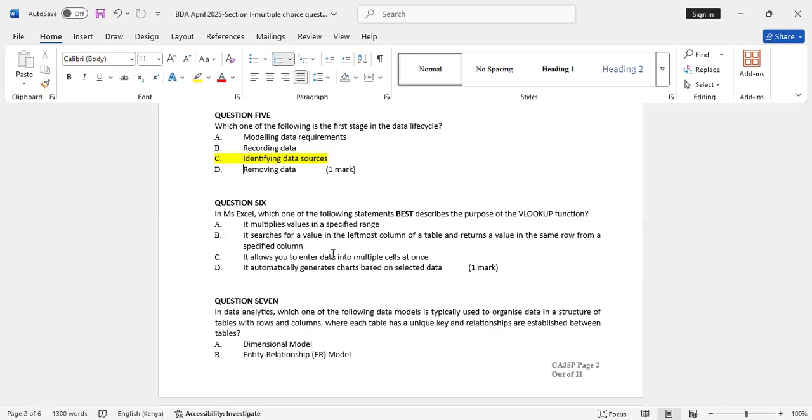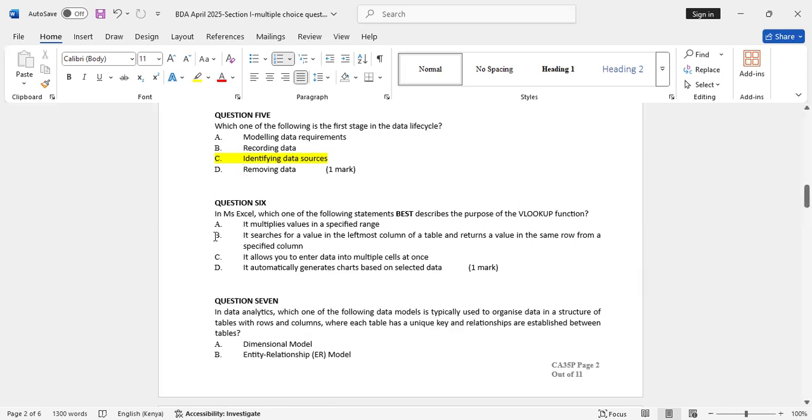C, it allows you to enter data into multiple cells at once. D, it automatically generates charts based on selected data. Yeah, so the correct answer here was B. It even adds there, in the same row from a specified column.